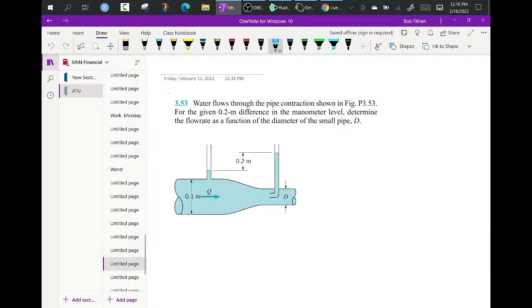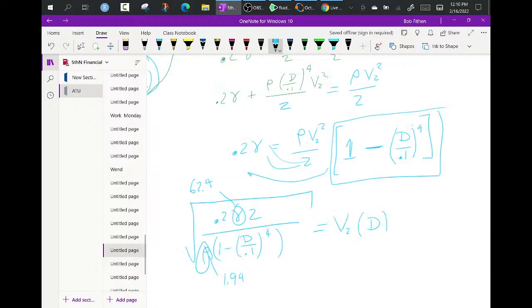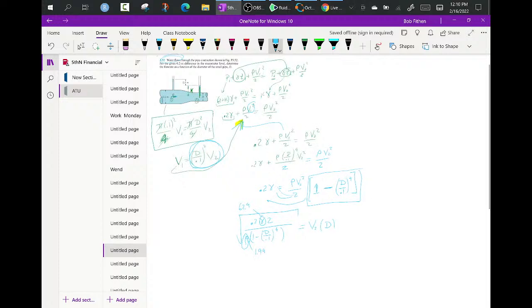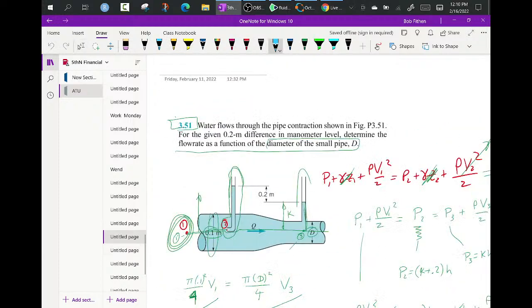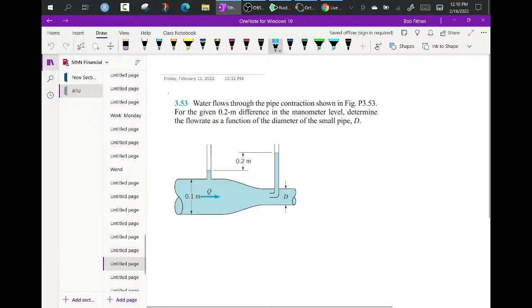Okay, so we did that one, you get this one, that one, now this one. So he wants you to do the same thing here. He wants you to determine the flow rate as a function of diameter.